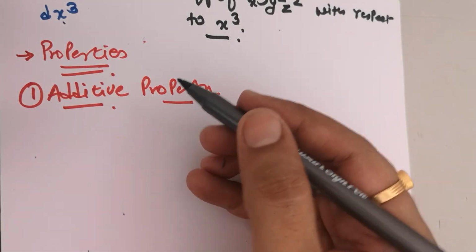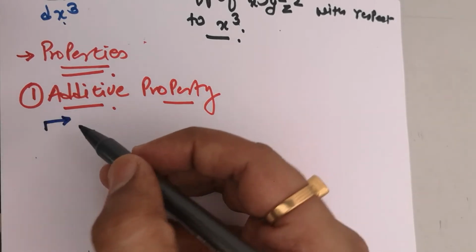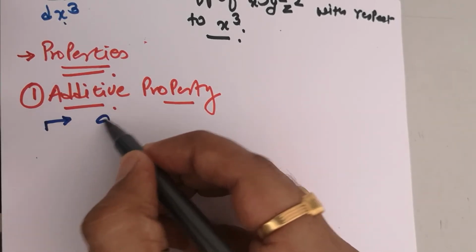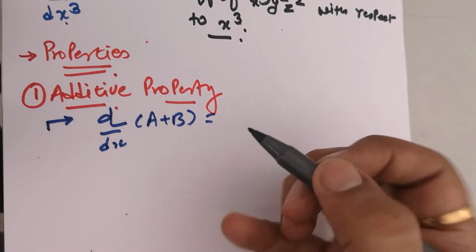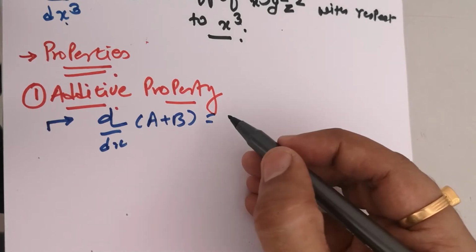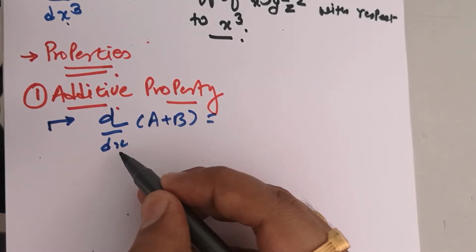Right now we are doing the additive property. In the additive property, first of all I am mentioning d by dx of a plus b. It's a general formula. You read it as a plus b is differentiated with respect to x.